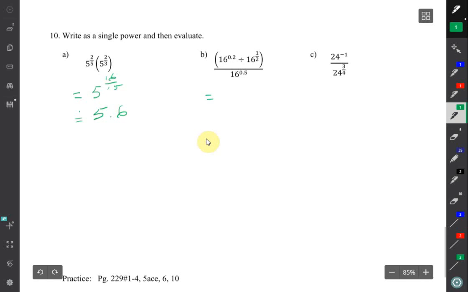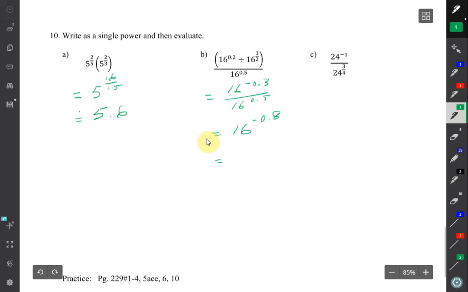In this question, it's fractions and decimals, but we can still work through them the way they are. 16 to 0.2 divided by 16 to the half. 0.2 minus 0.5, that would be negative 0.3. So we would have 16 to the negative 0.3 all over 16 to the 0.5. Subtracting these exponents, we have negative 0.3 minus negative 0.5, so that's 16 to the negative 0.8.